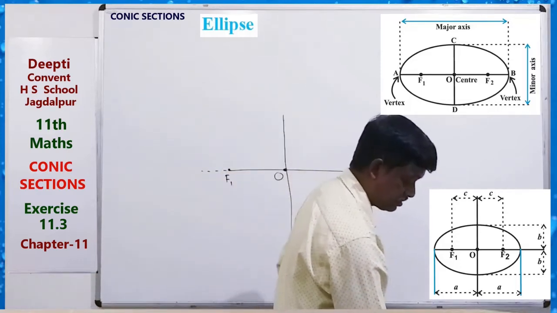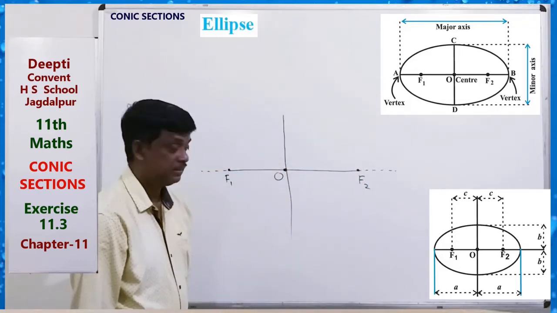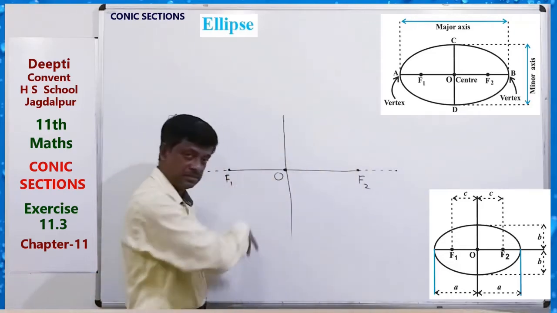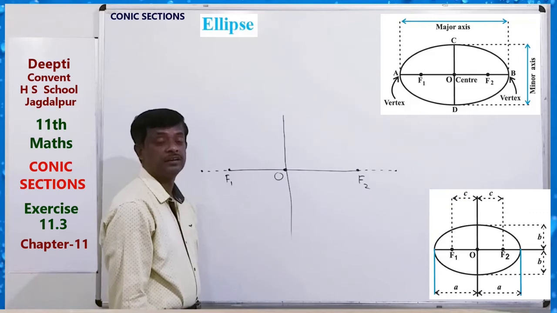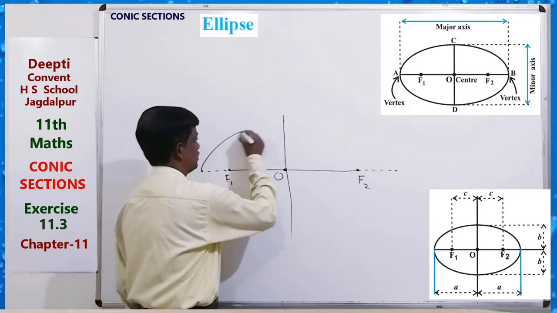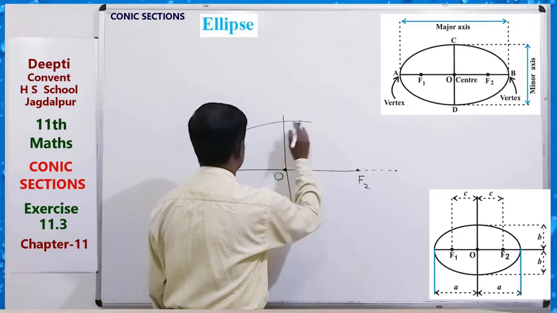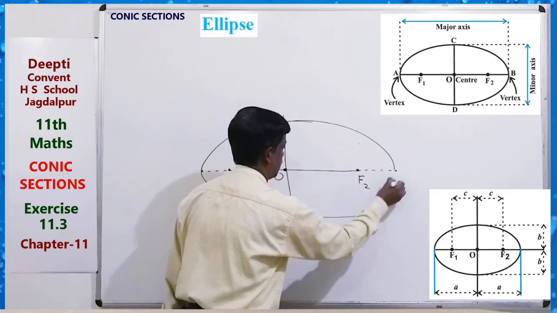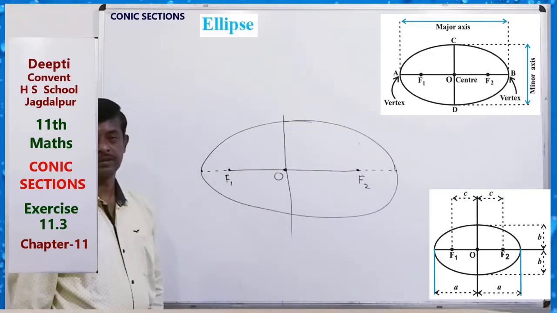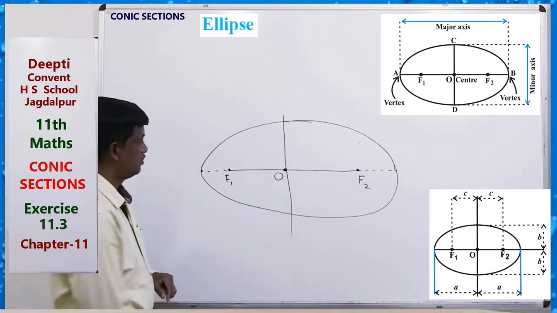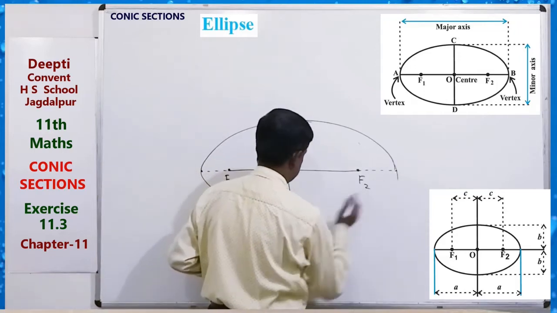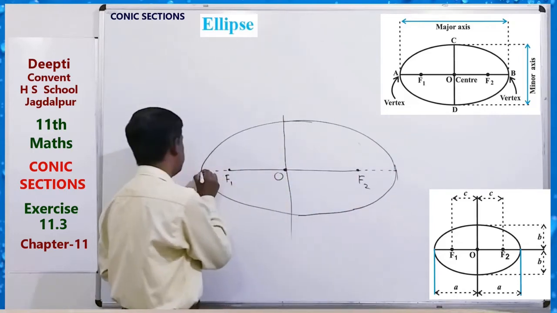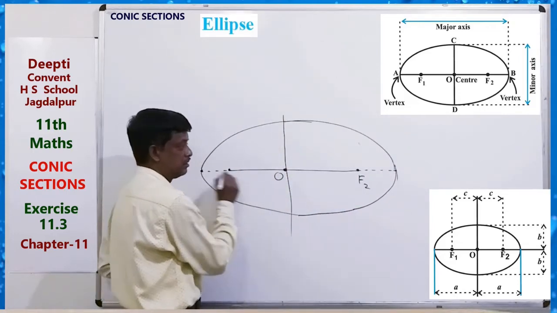And the end points of the major axis, which lie on the ellipse, are called vertices, just like this in the diagram of the ellipse. These are the vertices. Clear?